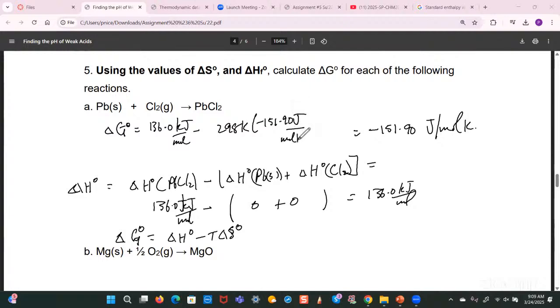But we need to multiply by something else because we need to keep the units consistent. Because we have kilojoules here, I'm going to convert this joule unit to kilojoule. So 1,000 joules down here, and 1 kilojoule above. All right, and that will give us the final answer. So let me erase this right here.